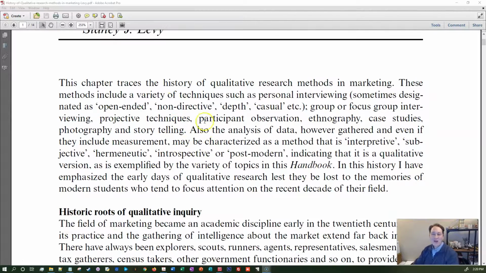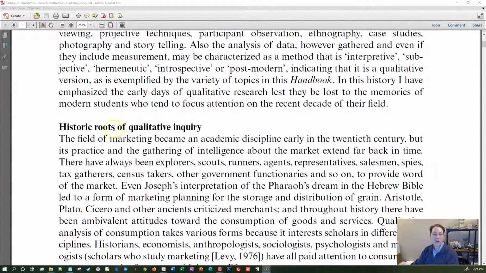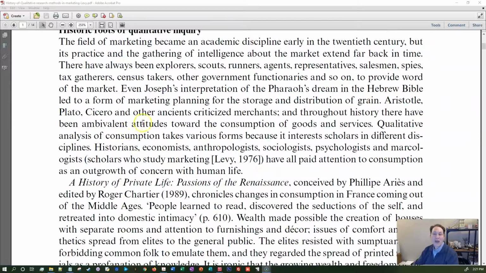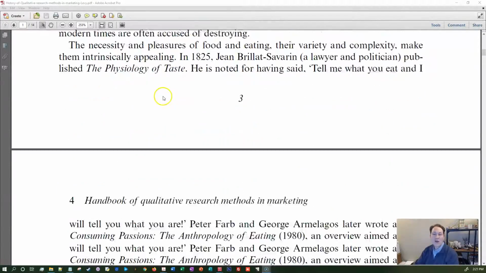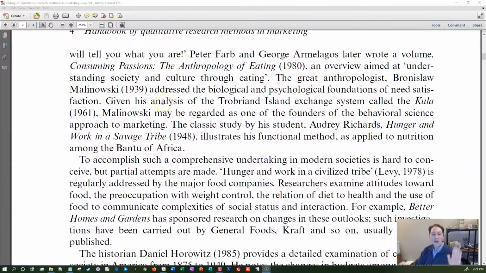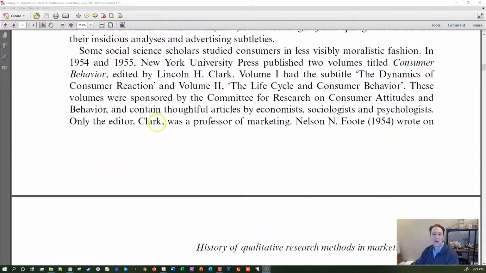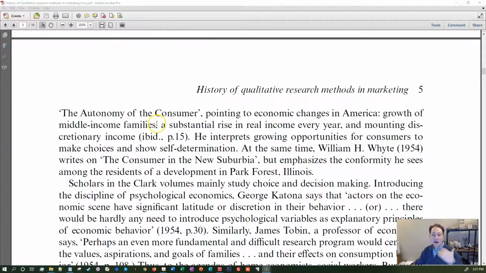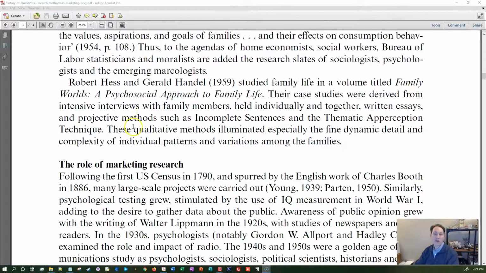And what this chapter is ultimately about is helping you to understand where qualitative research comes from, how it's been used in practice in marketing research, and then also kind of the pendulum swing back and forth between qual and quant, and how they've both been used in different types of lines of questioning that have been developed to get answers about consumers.